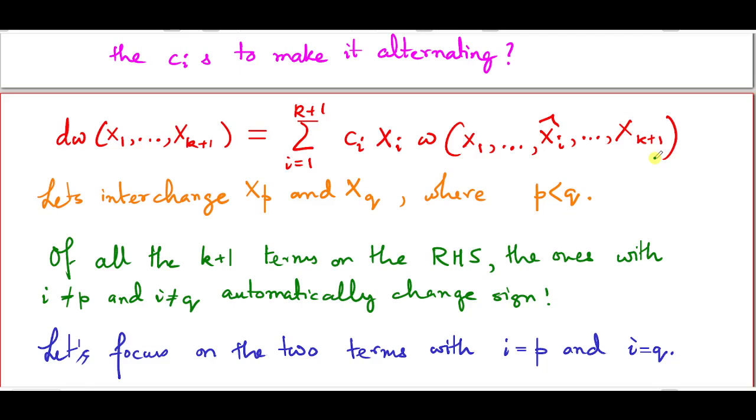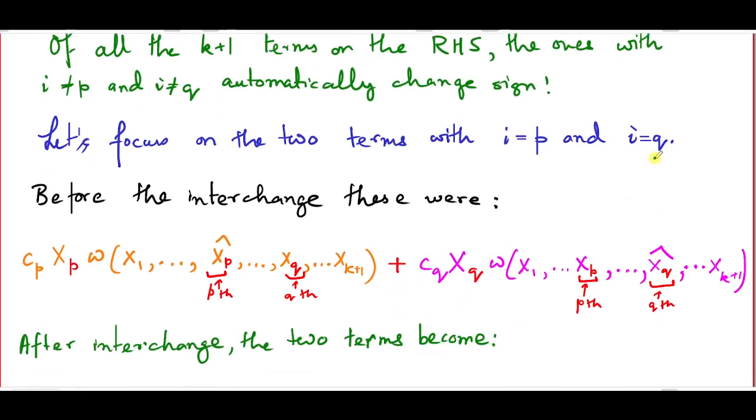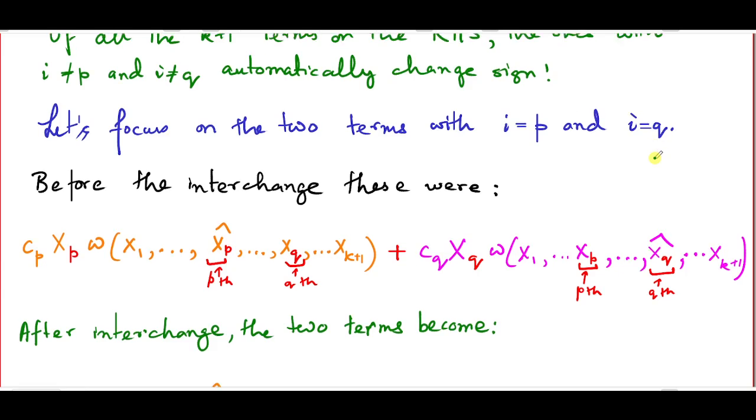Remember, the original omega is an alternating operator. So, all of those terms automatically change sign. The ones which do not automatically change sign are the ones where i is p or q. So let's compare what these two terms, i equals p or i equals q, were before the interchange and what they become after the interchange.